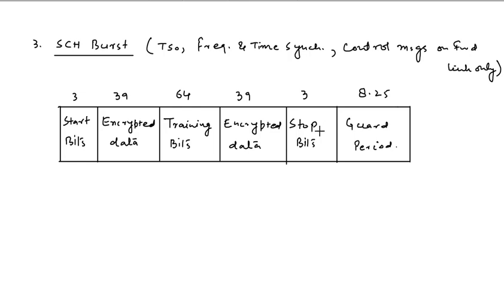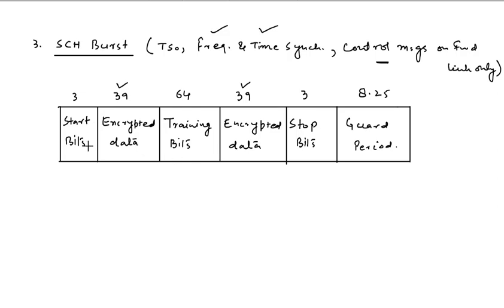So this is again not meant for data transmission. Basically, the 39 bits here and 39 bits here are reserved for data transmission, but in particular it is used for frequency and time synchronization, and also to transmit the control messages on the forward link only and not on the reverse link.